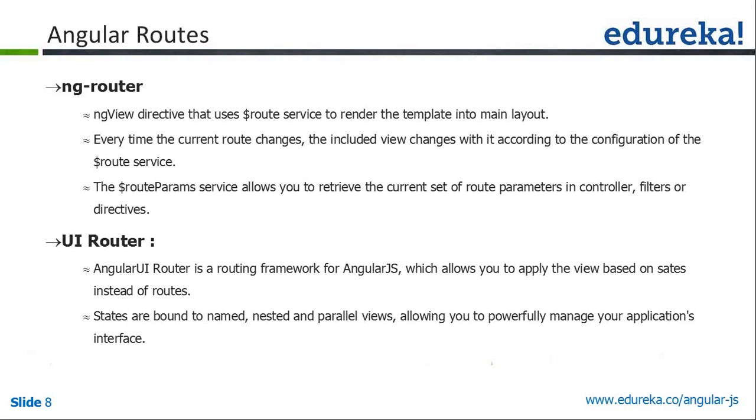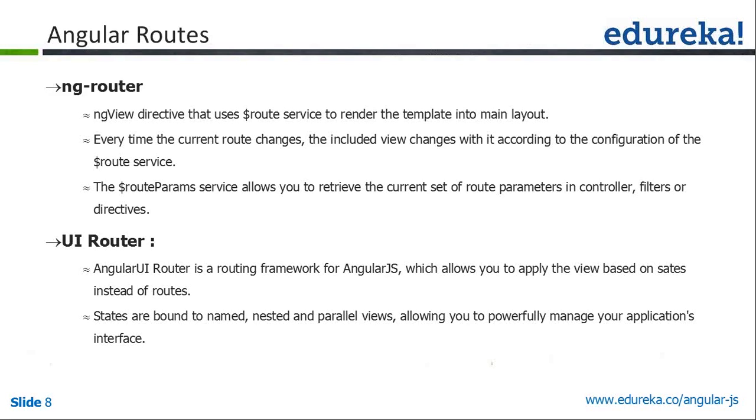In the UI router, it will consider the state instead of your $route parameters. In the ng router, it will look at the browser URL, whatever comes after the hash, for example #home/contacts.